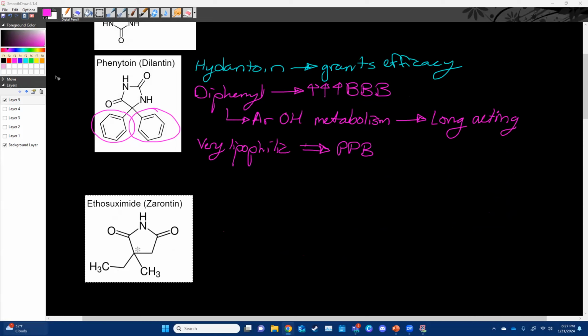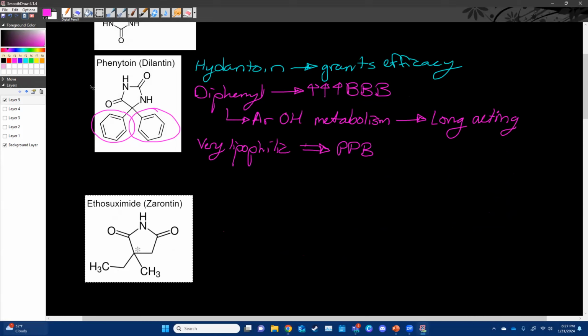Ethosuximide. Unlike phenytoin, which is using a hydantoin backbone, ethosuximide is using the imide backbone. So this imide backbone, again, is just what is creating the efficacy of the drug.